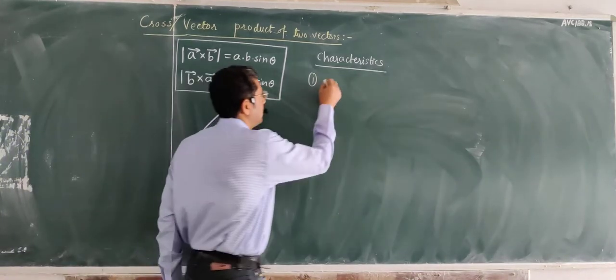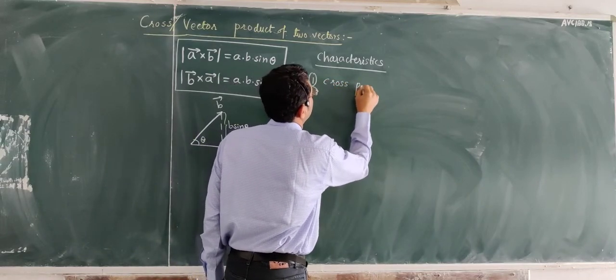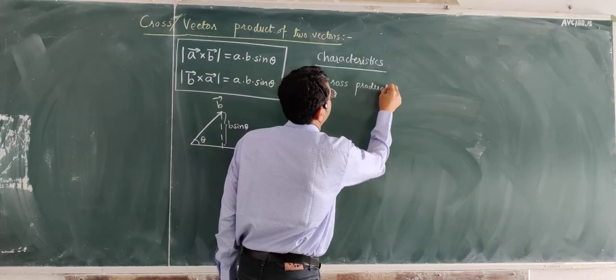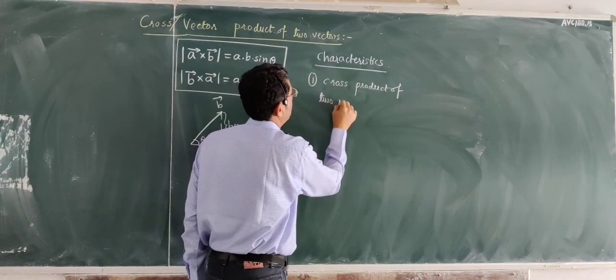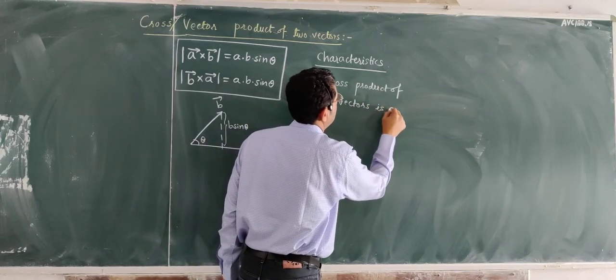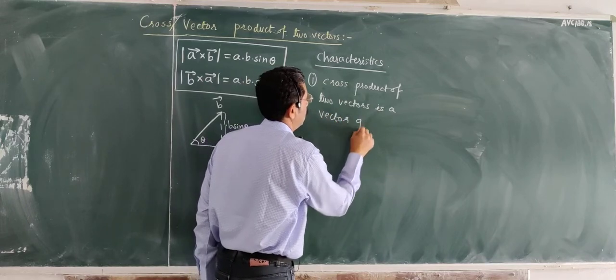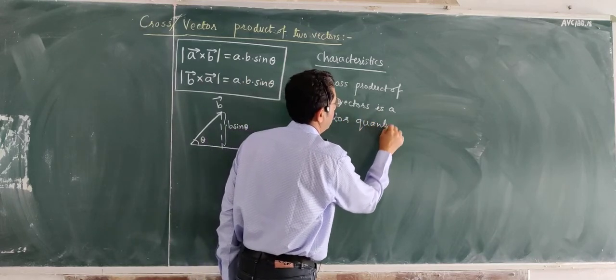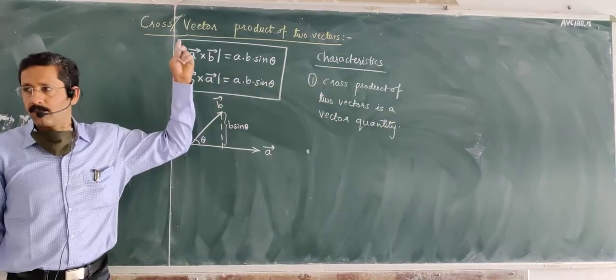Then I say that the cross product of two vectors is a vector quantity, and that is why we call it a vector product.